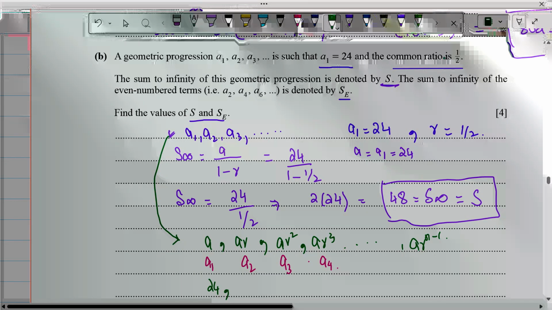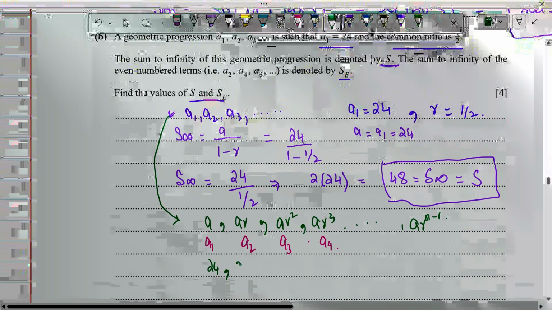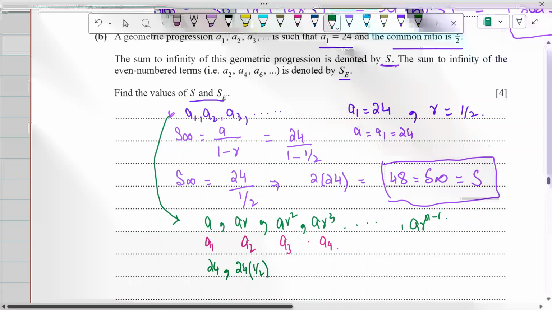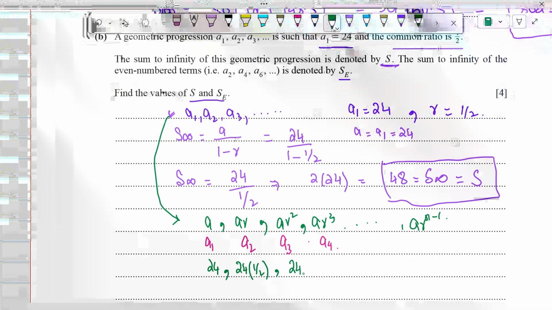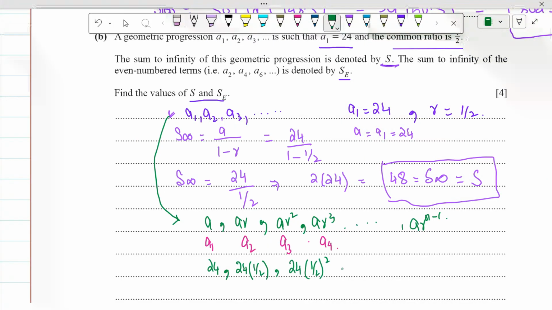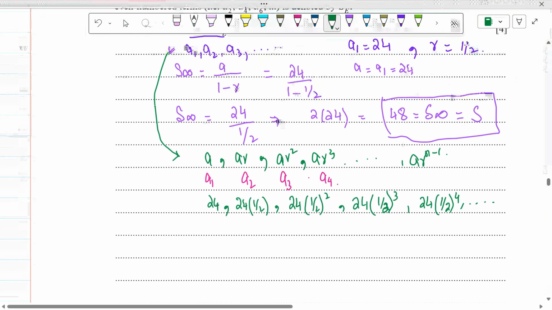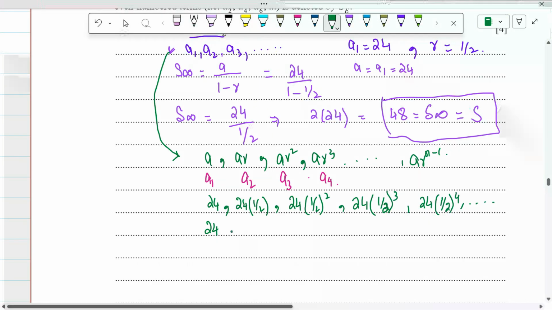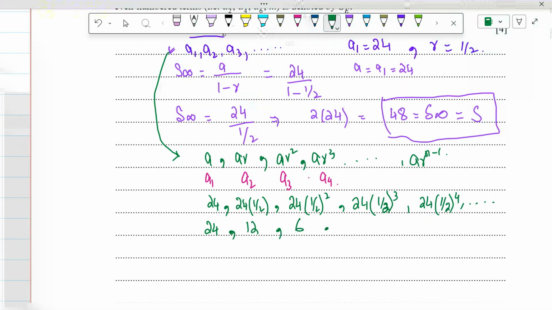So 24, then ar means 24 times the ratio, which is half. So 24 times half, then 24 times half squared, then 24 times half cubed, then 24 times half to the power of 4, and it moves on. So this one is 24, this one is 12, this one is 6, then this one is 3.